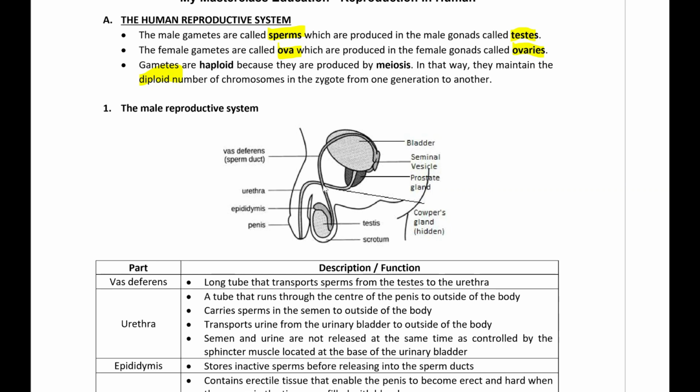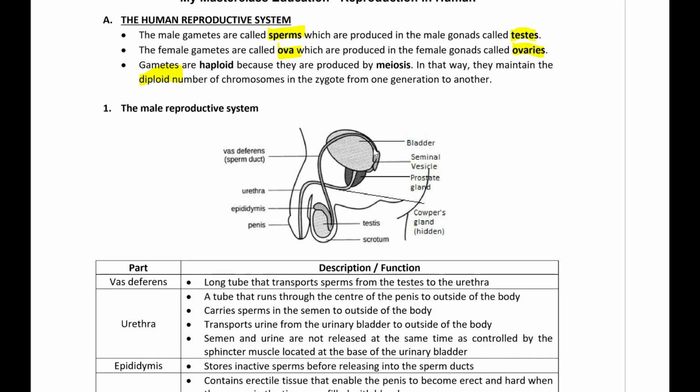This long tube transports the sperm from the testes, and at this point it will pass through the seminal vesicle, prostate gland, and Cowper's gland. All these glands contain sugars, fluids and minerals, etc., which enable the sperm to have motility when it exits the body.